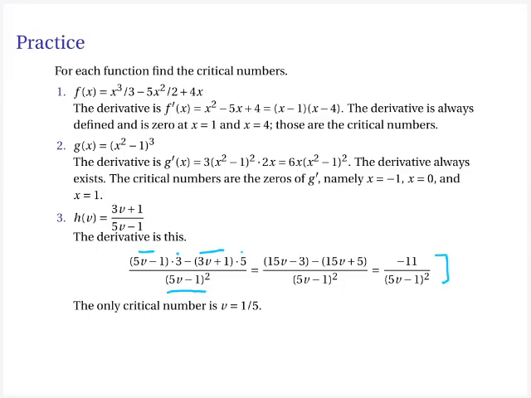This numerator is never 0. So we have no places where the derivative is 0, no stationary points. Fine. What about where the derivative is undefined? It's, of course, where 5v minus 1 equals 0. So you solve 5v minus 1 equals 0, you end up with v equals 1 over 5. So that's only a single critical number. Some functions have lots of critical numbers, some functions have none at all.